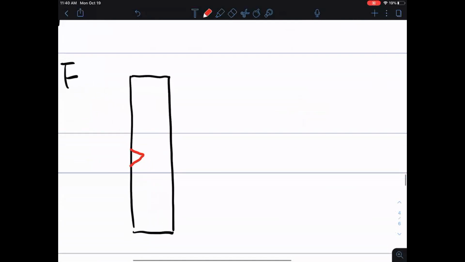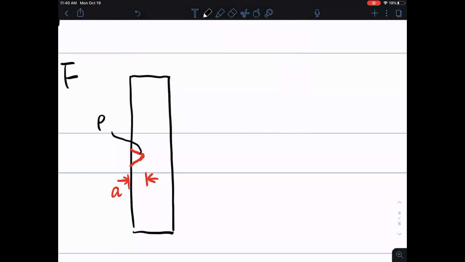Then the length of this crack is A. And we have a radius. This crack has a radius rho t.